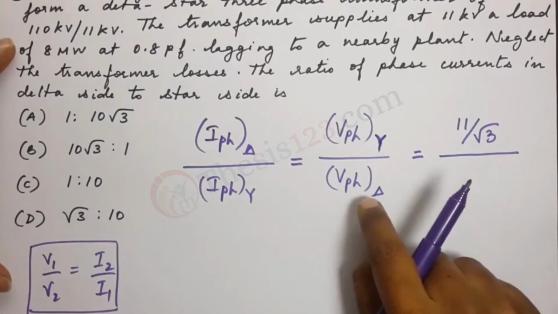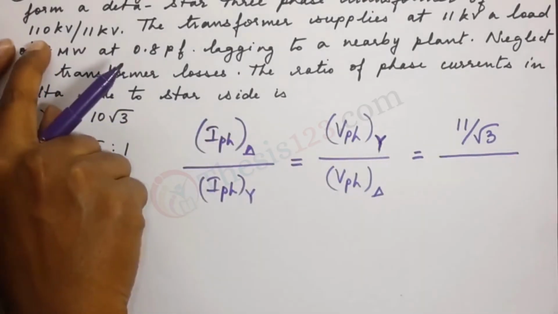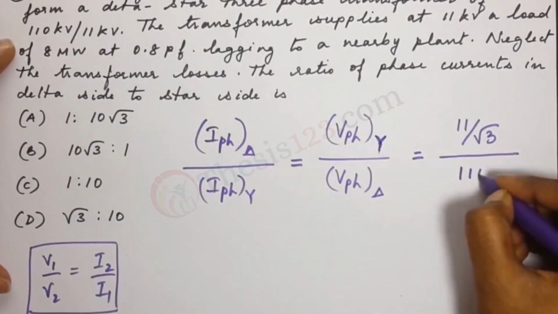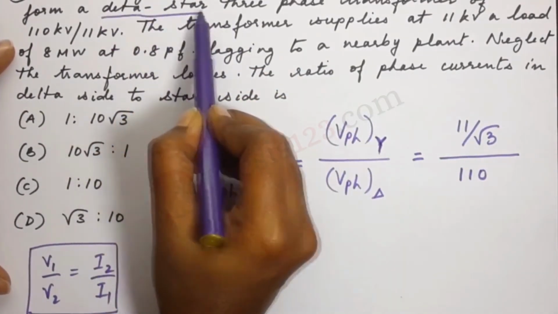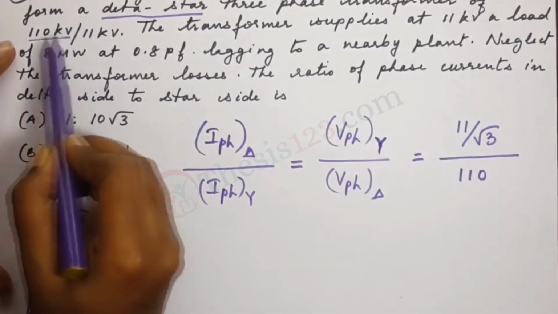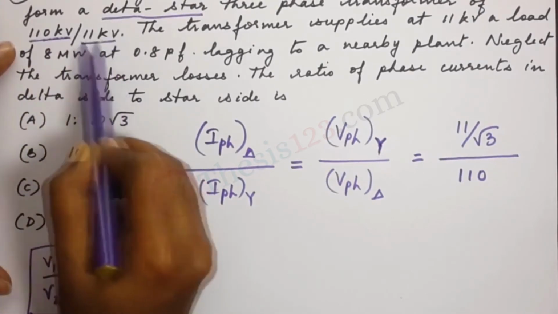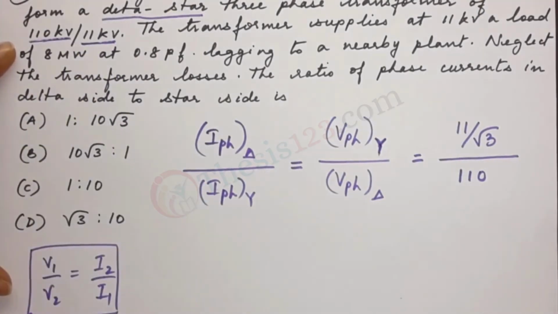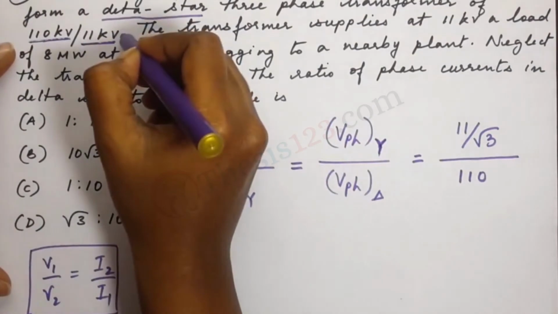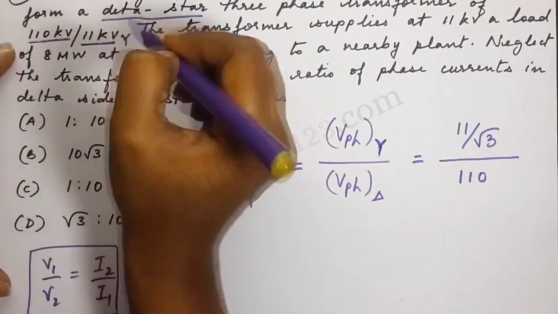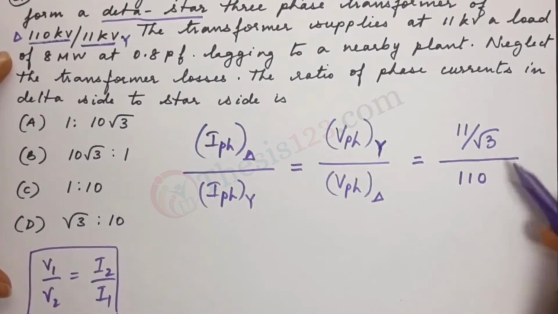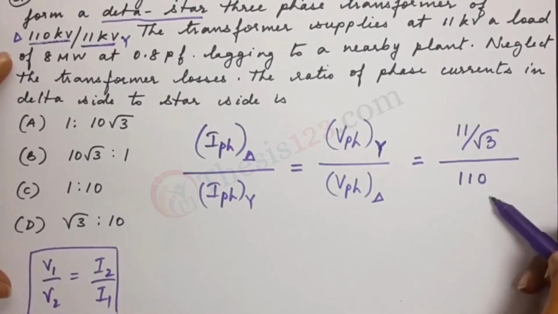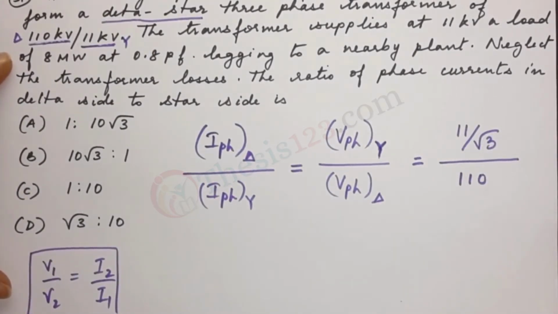Divided by, now the delta is given as 110. So you will have to keep in mind here delta to star connection, delta side, star side. Okay. So I hope that is clear. This is star side and that's delta side. That will give you the ratio. So, 11 by root 3 divided by 110.